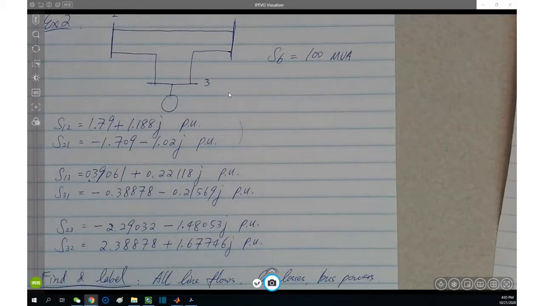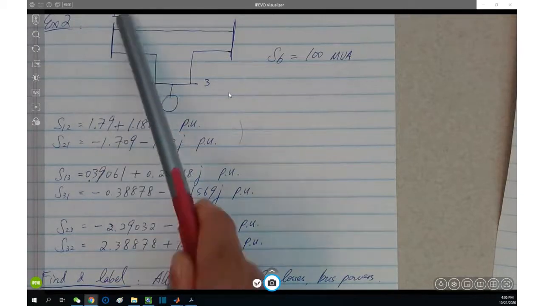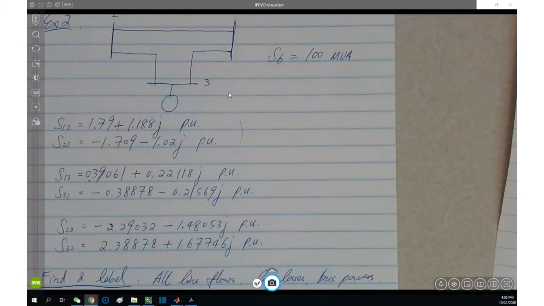In other words, the left-hand side, the bus power, equals the right-hand side summation of all of the line flows. So find them and label them all into the network. I'll give you guys 10 minutes, which should be more than enough. Then we will come back to see. If you need to review anything, you can open your notes to see what you have done in example 1.